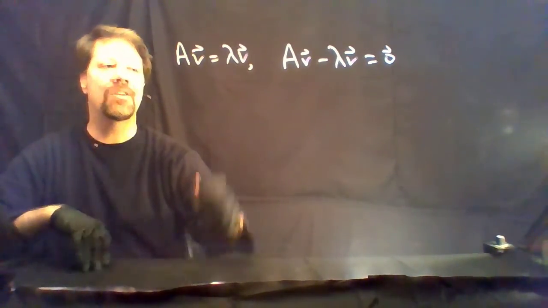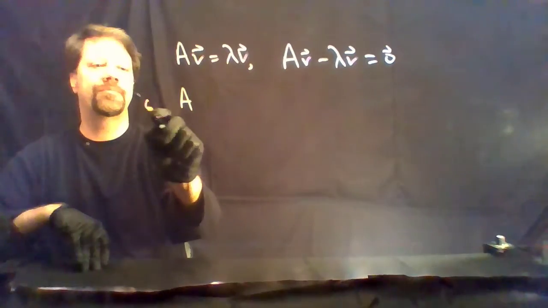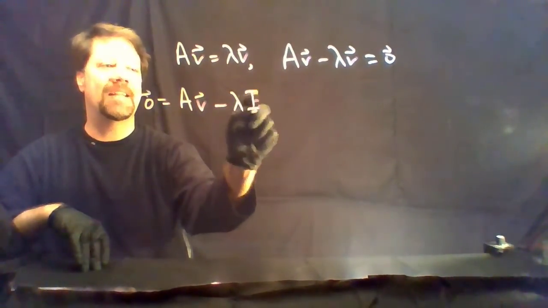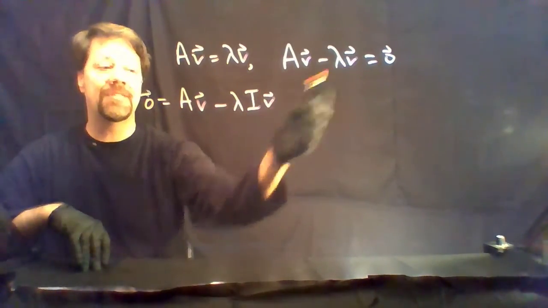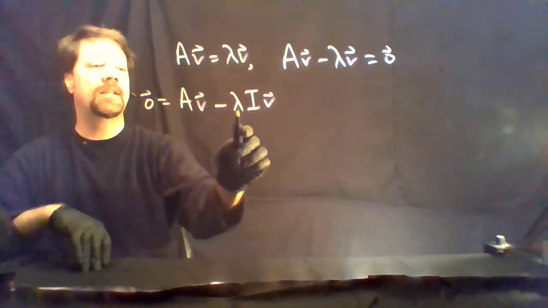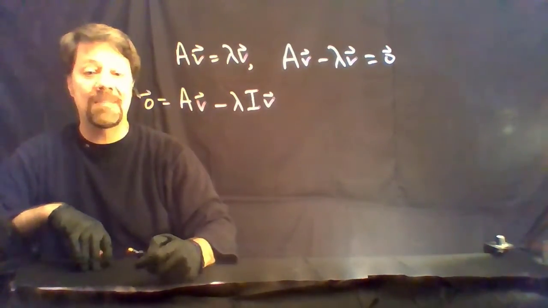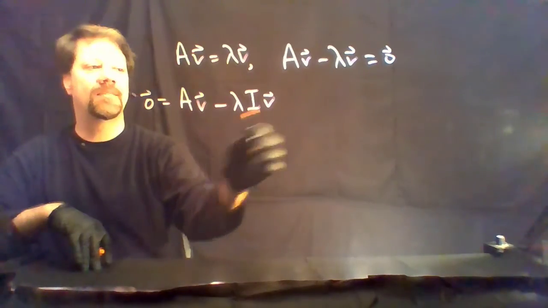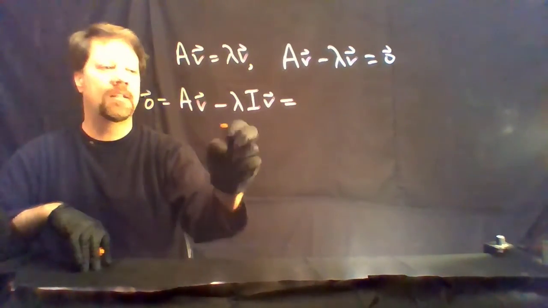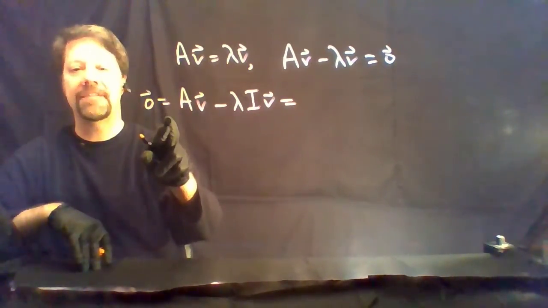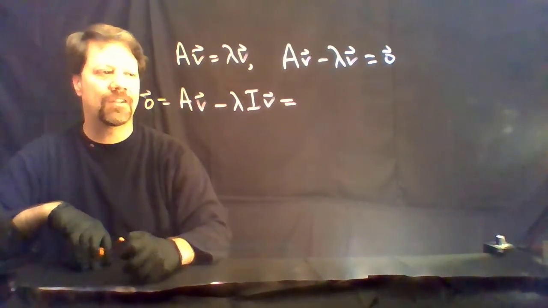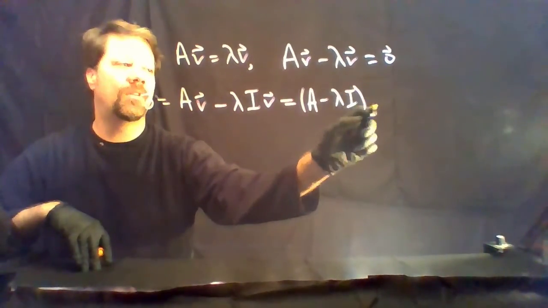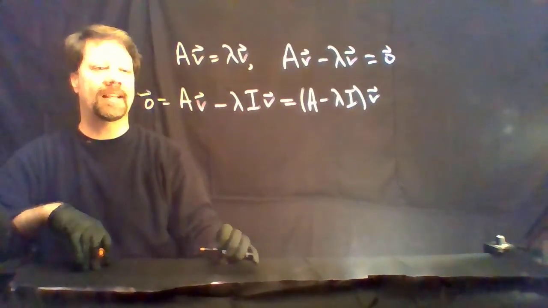But what you can do is the following. You can insert an identity matrix because I times v is v. So this is true. And a scalar times a matrix is a matrix. So now we'll have two matrices that we can subtract. We can factor out v, but v cannot be factored out on the left because matrix multiplication is not commutative. It must in fact be factored out on the right, like this.